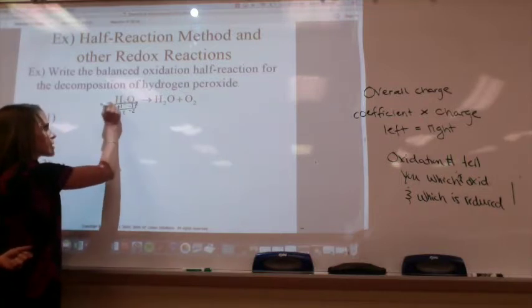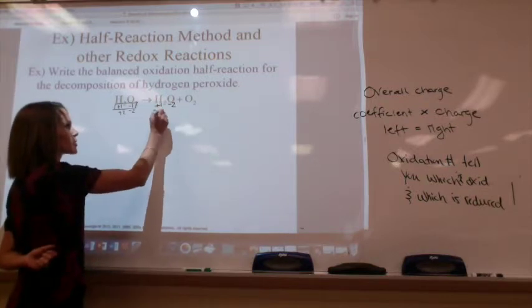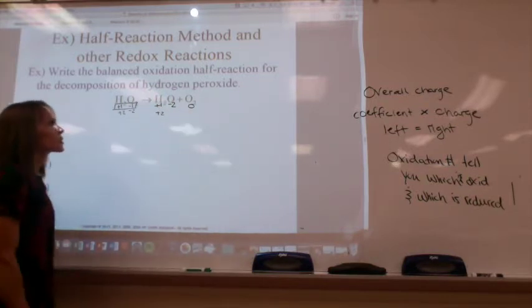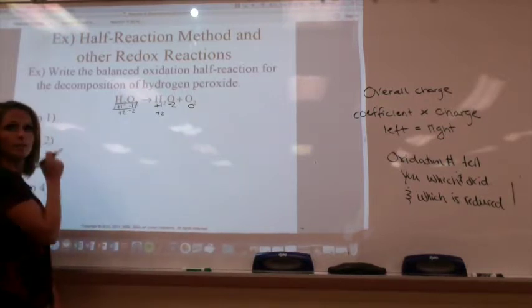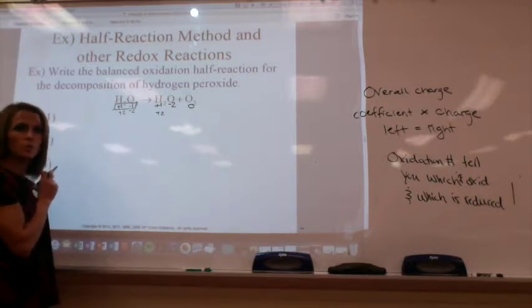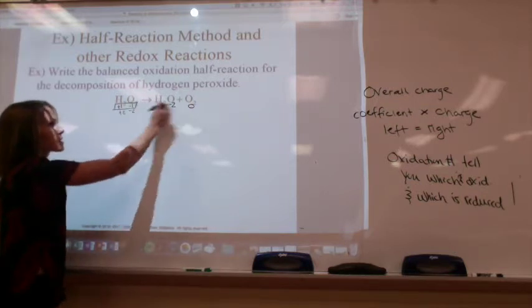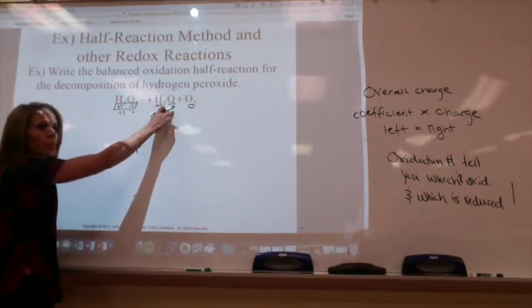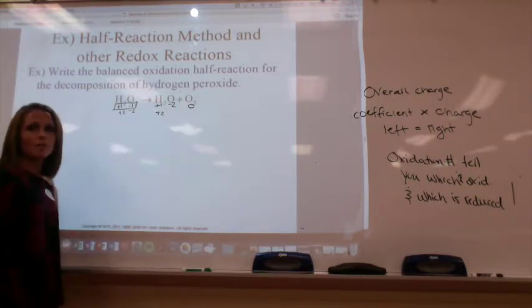So these are my oxidation numbers. Now it's -2, +1, +2, 0. So what is hydrogen doing? Anything? Nope. Hydrogen's not being oxidized or reduced. It goes from +1 to +1. Oxygen is being both oxidized and reduced. So this to this is the reduction. This to this is the oxidation.